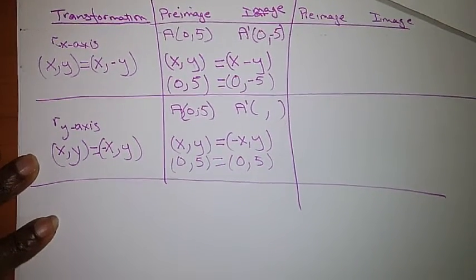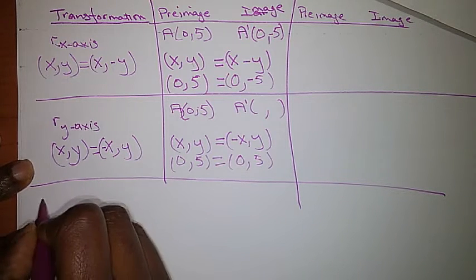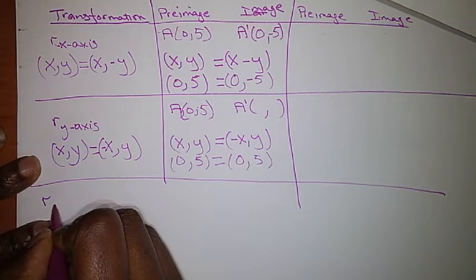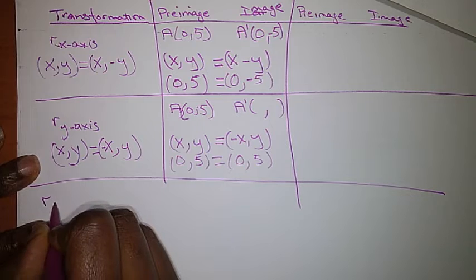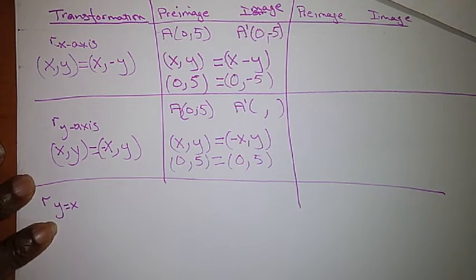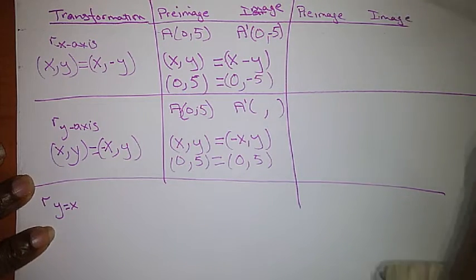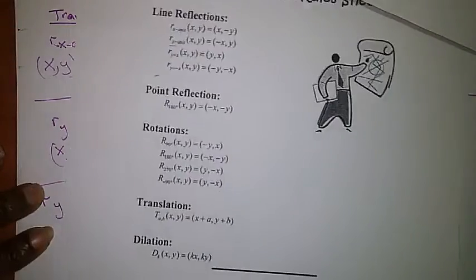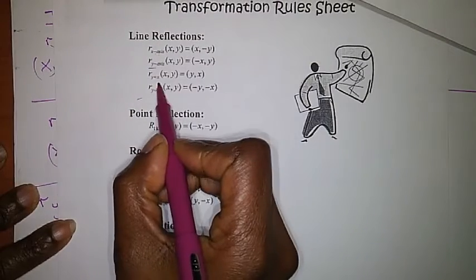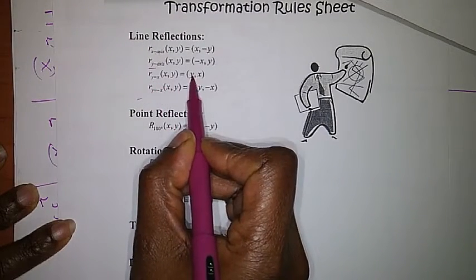Next, the next rule is a reflection over the line y equals x. I go back to my rule sheet. Here goes my rule, and I'm going to copy it onto my paper.